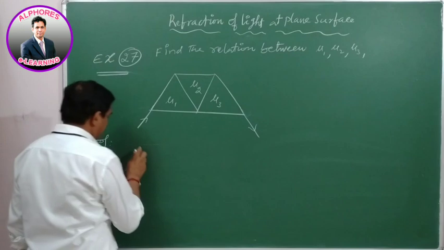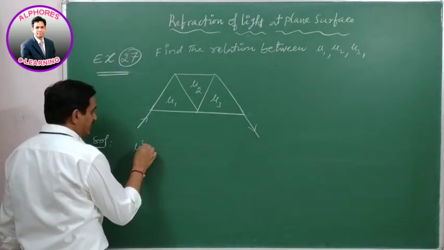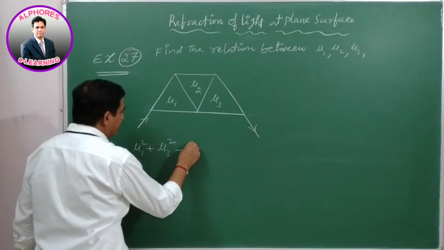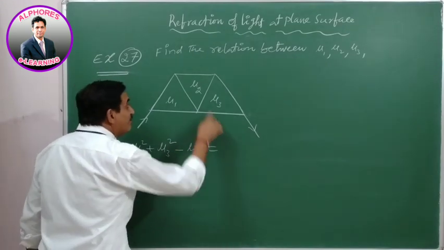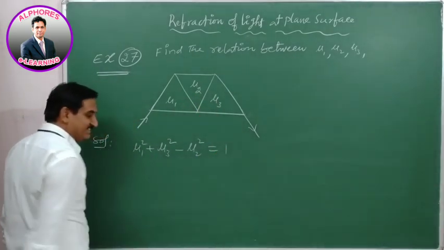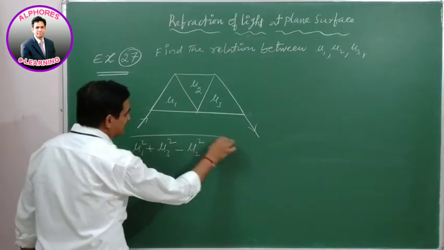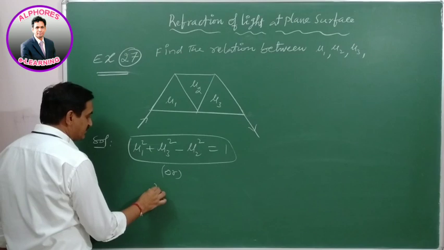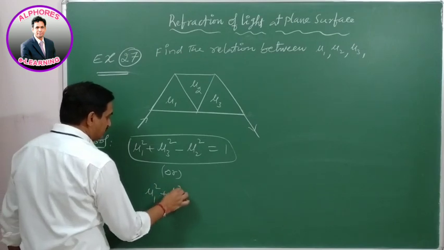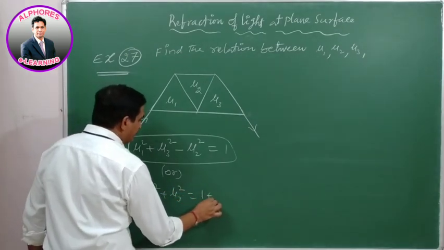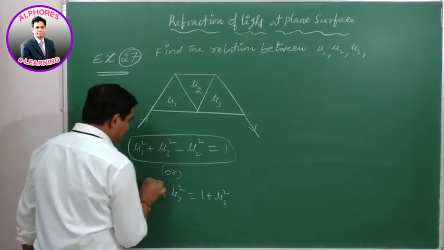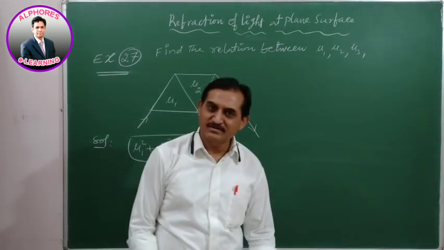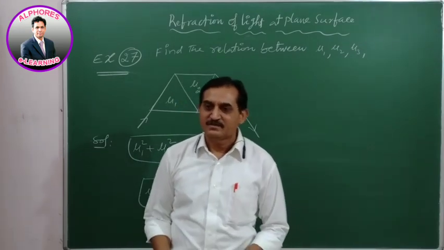These two are erect: mu1 square plus mu3 square. This is inverted: minus mu2 square. How many are inverted? 1. Now the answer is this one. Or otherwise we can also write it as mu1 square plus mu3 square is equal to 1 plus mu2 square. This is your answer. That's all.